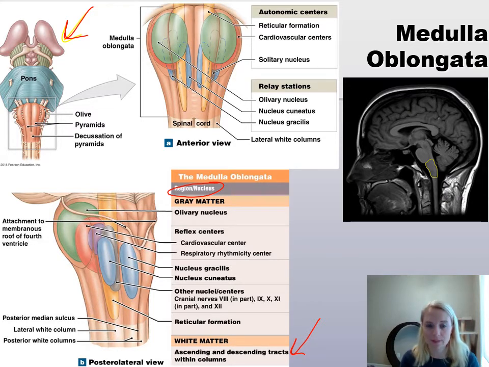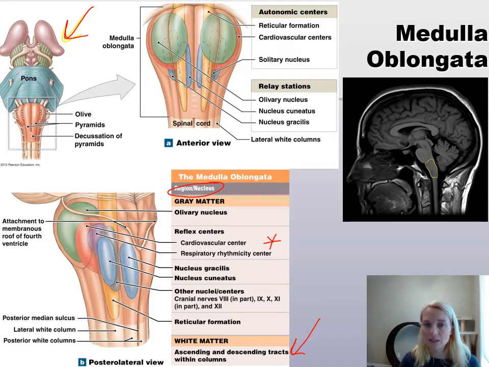They're functioning the same. So let's take a look at some of the gray matter. We have these groups of nuclei. We have autonomic nuclei controlling visceral reflexes, so it's cardiac muscle, smooth muscle. So the cardiovascular center is going to be regulating your heart rate, your blood pressure, those types of things.